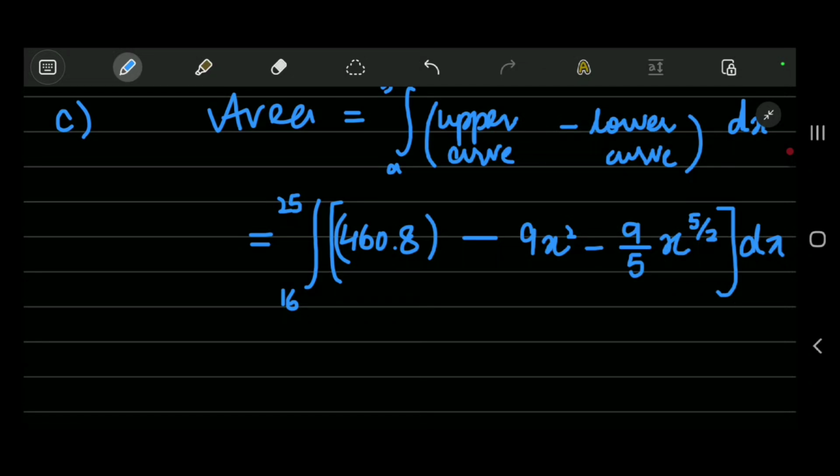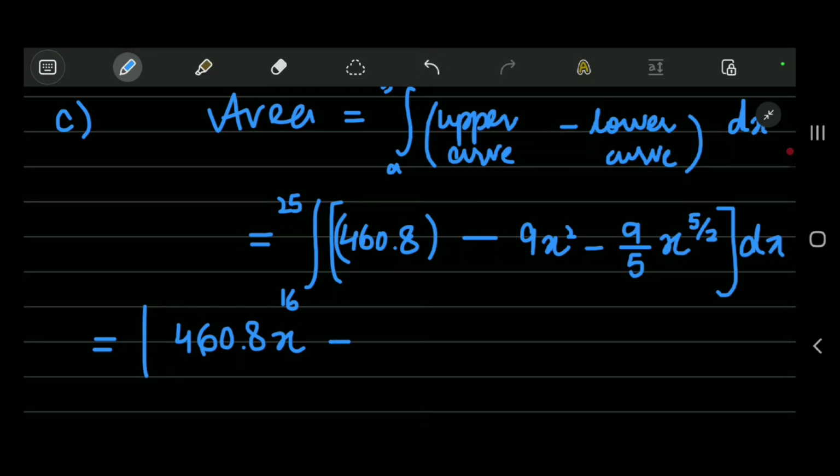Now let's integrate this. The integral of any constant is the constant times x. As the integral of 1 is x, we have 460.8x, minus, what is the integral of x squared?